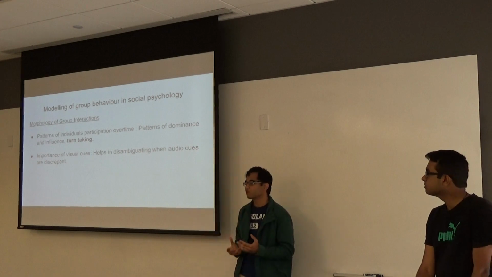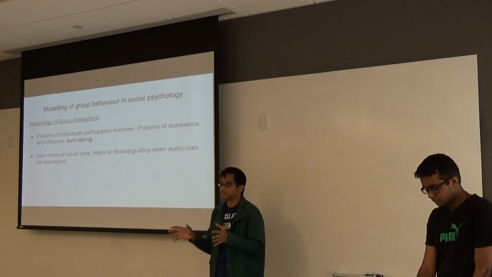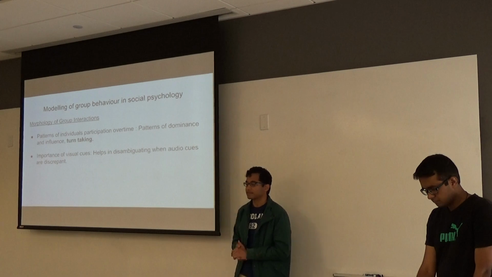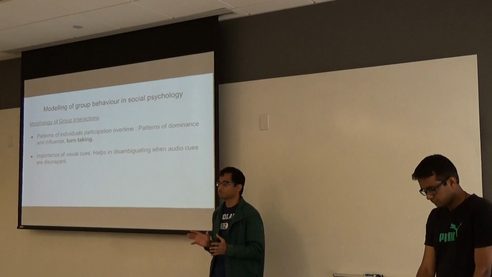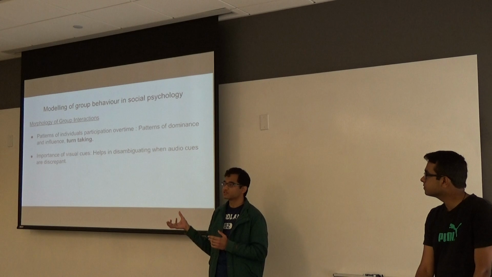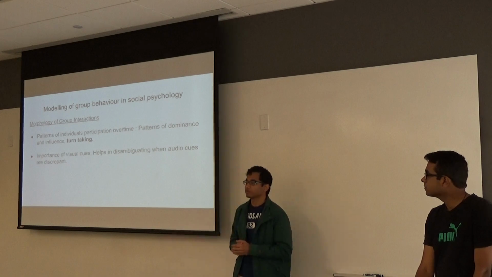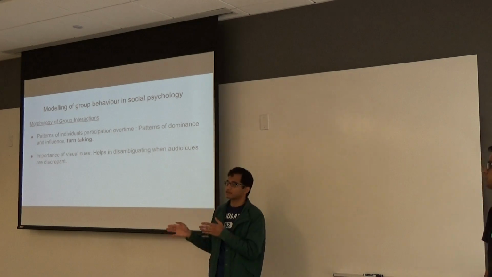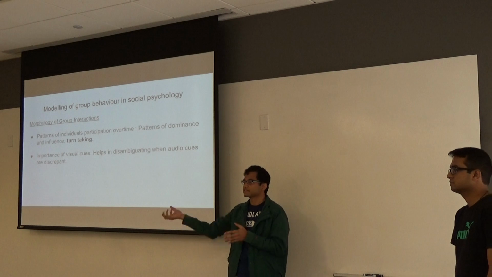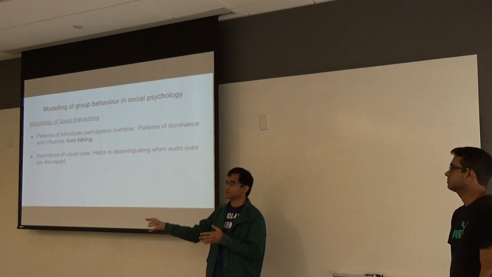Auditory information would be important in this respect, but there are cases where auditory information would not be enough, where we would need the visual cues. Basically, if someone is talking, we would like to see the visual cues of the listener to see if he is engaged enough or not.